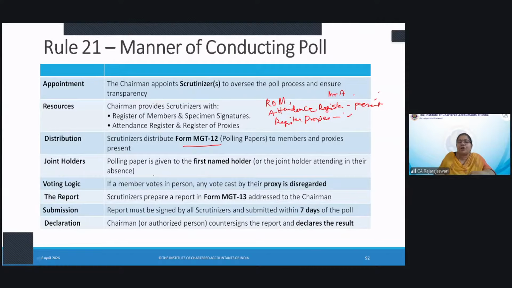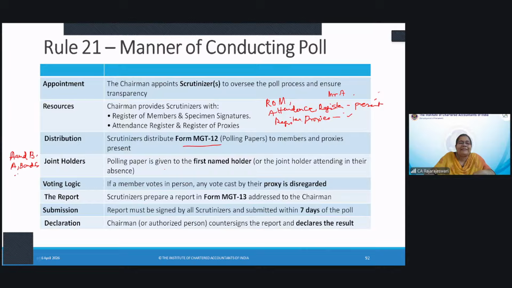And in case of joint holders, you will get a confusion. Who is a joint holder? Suppose A and B jointly hold the shares. They are called joint holders. It could also be A, B, and C holding the shares jointly.